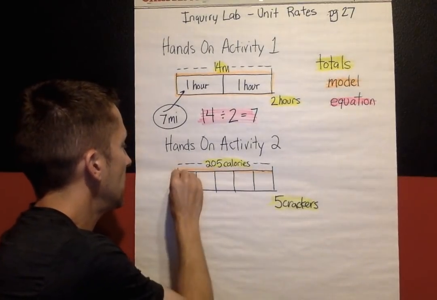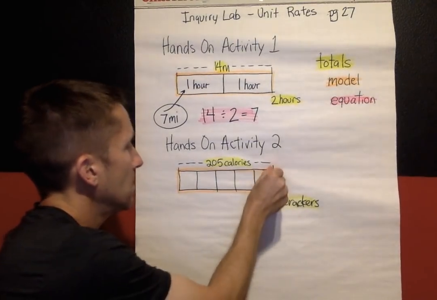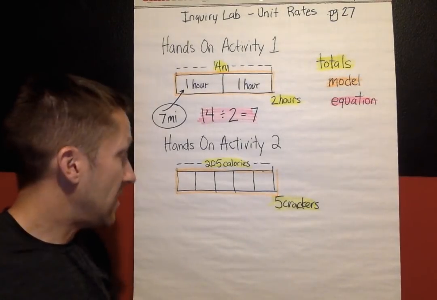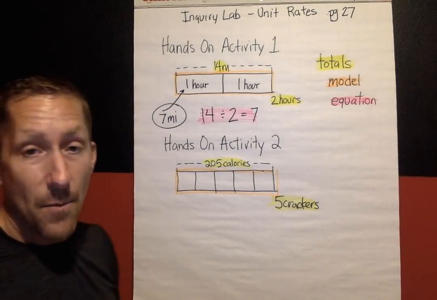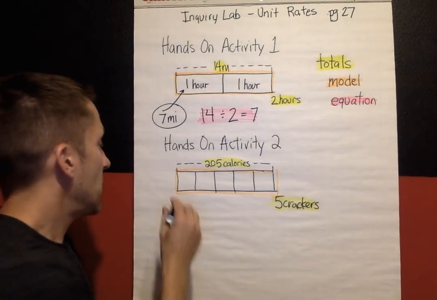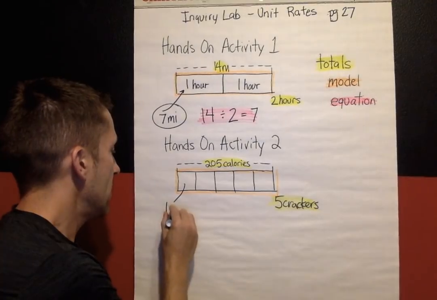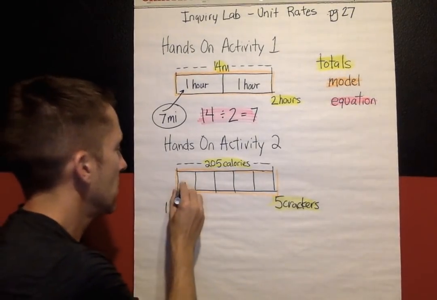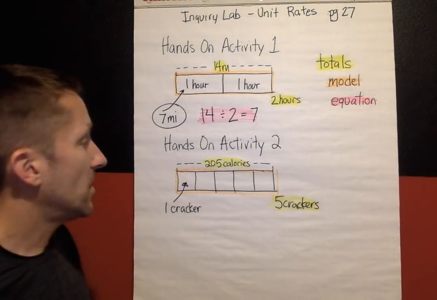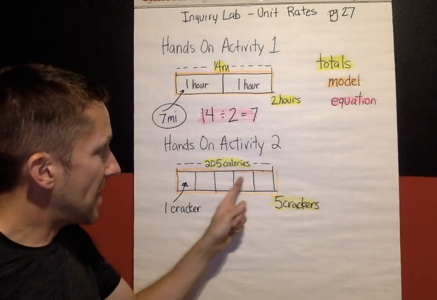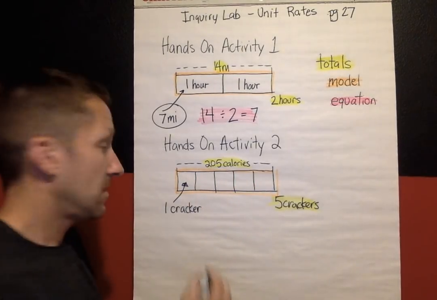Again, the model is the bar diagram itself. The last thing I need to do is come up with how much for 1 cracker. So here is 1 cracker right here. On my model, the equation is all these calories divided by 5 crackers.